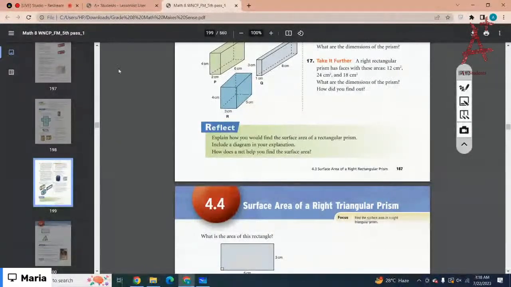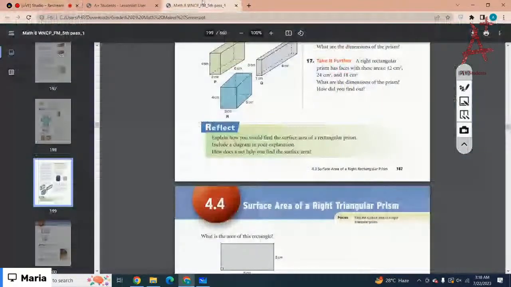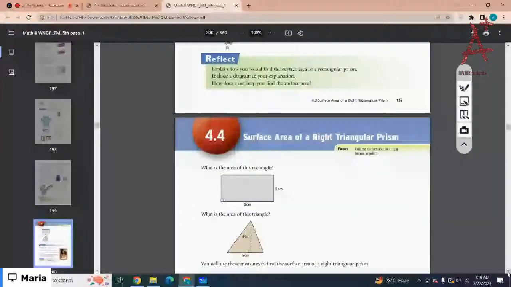Okay, the next one is 4.4, surface area of right triangular prism. So now we are going to learn how to calculate the surface area of the right triangular prism.